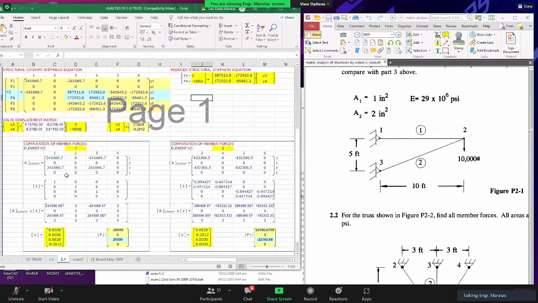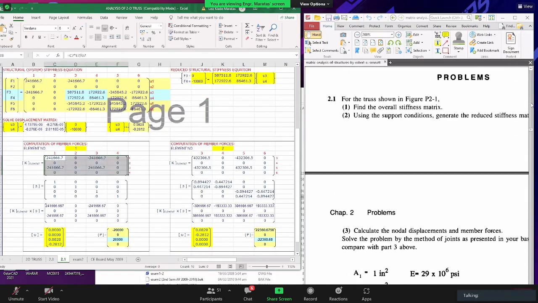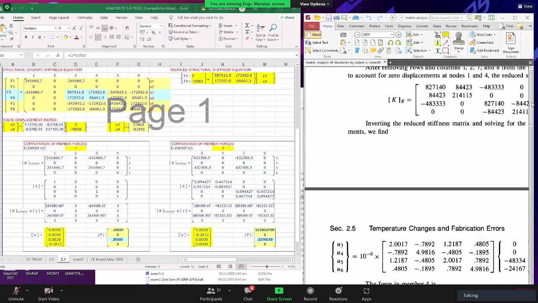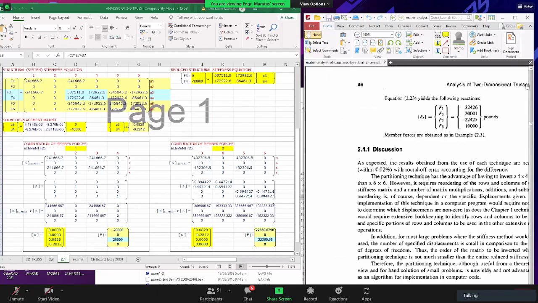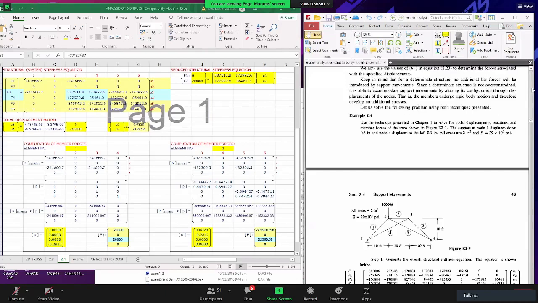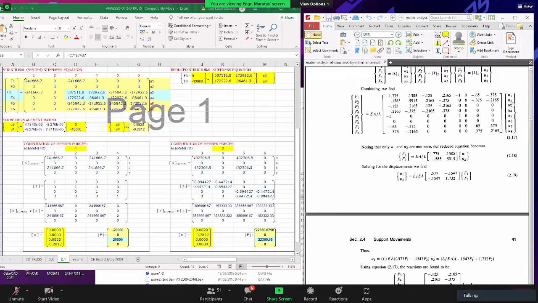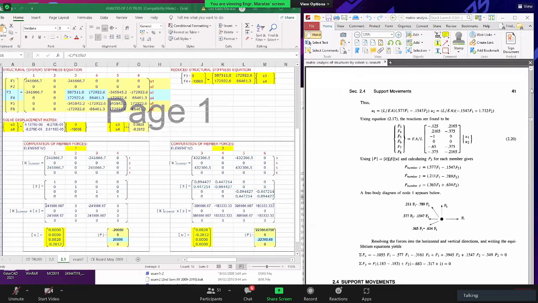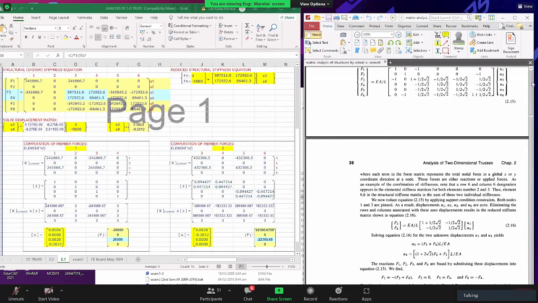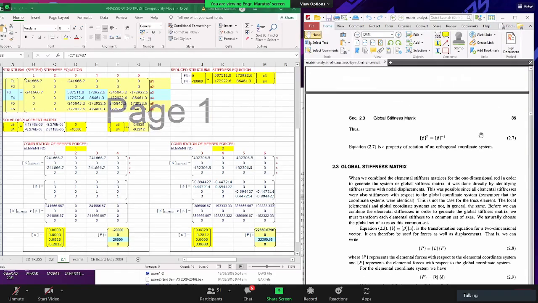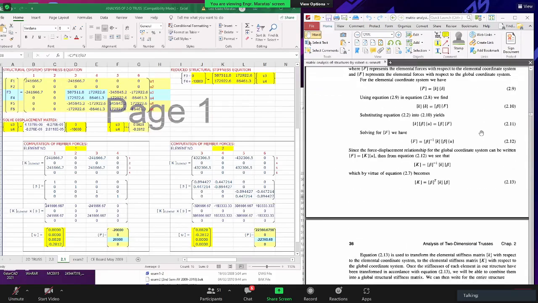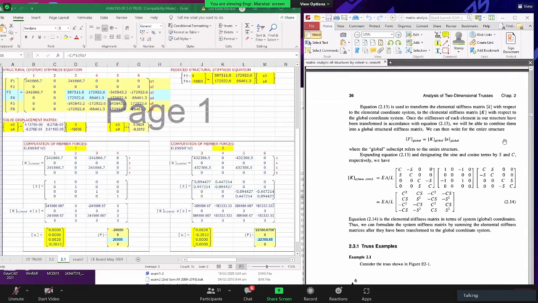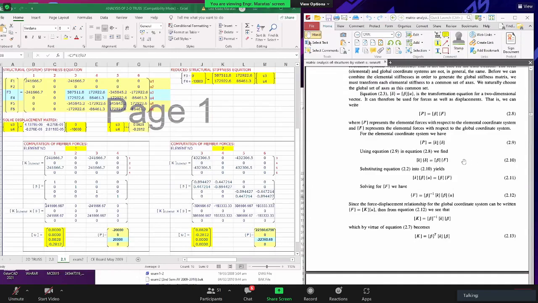So this relationship, with the elemental stiffness matrix, no? Actually, this is also possible.